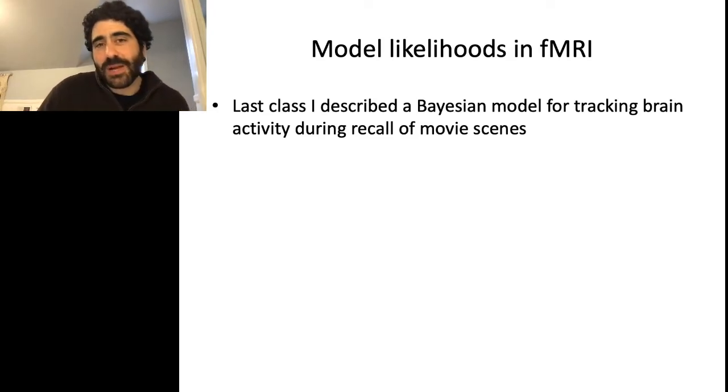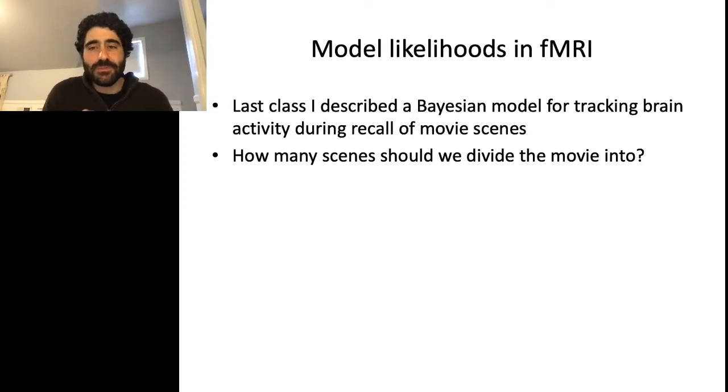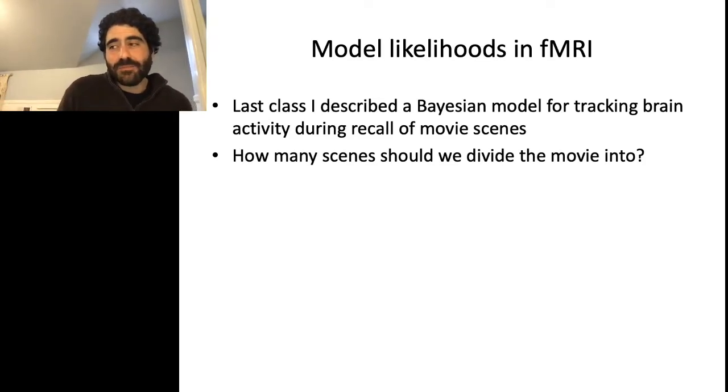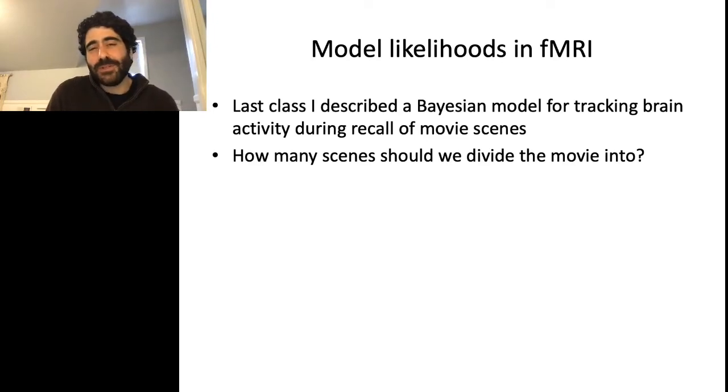The problem is that there's a parameter in that model, which is how finely should we slice up the movie into these events. In the example last time, I was imagining there's 35 different scenes in the movie, and we're trying to look for how people are talking about those 35 scenes. But 35 might not be the right number. We might not know what the right time scale is for how events are represented in the brain. In fact, different brain regions maybe have different time scales for how they represent information.